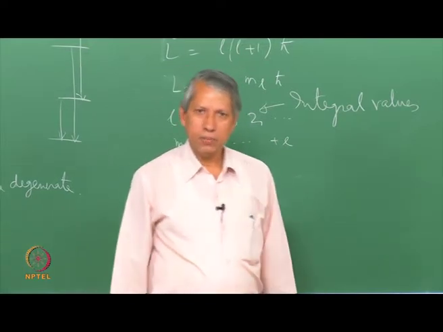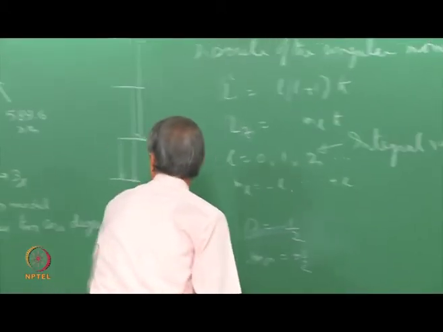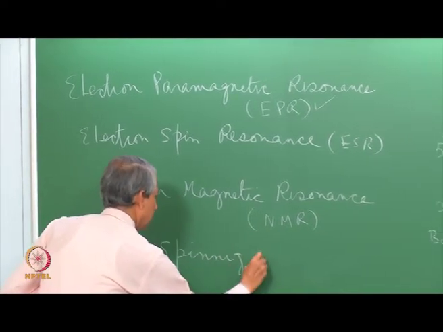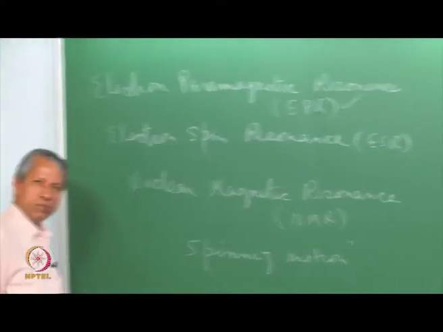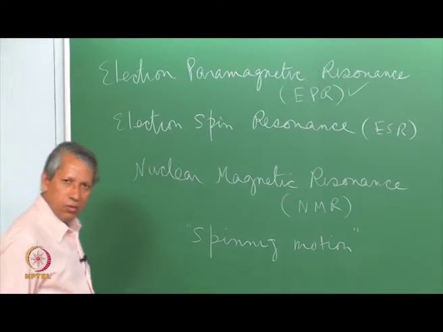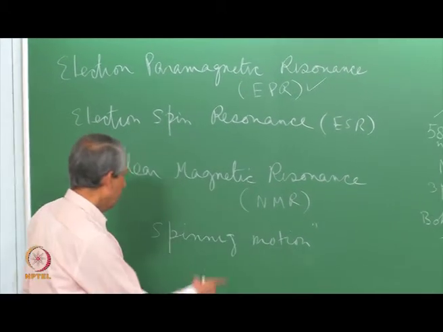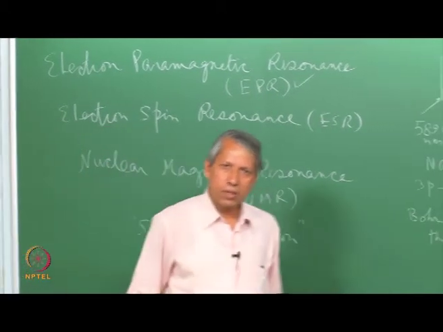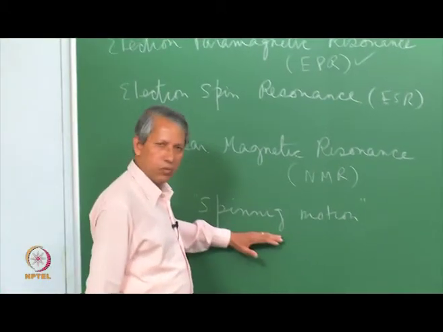So, what is now accepted is that one must not take this spinning motion very literally, though it is very easy to visualize the motion of the electron. Electrons are not really spinning around the axis. The way the earth rotates around its axis to produce day and night, electrons are not doing that kind of motion.